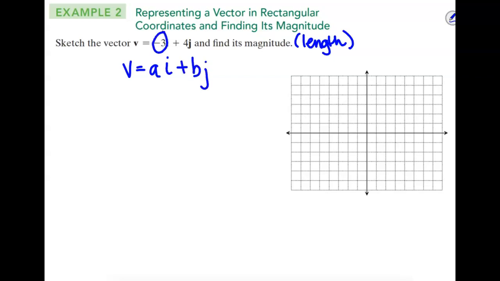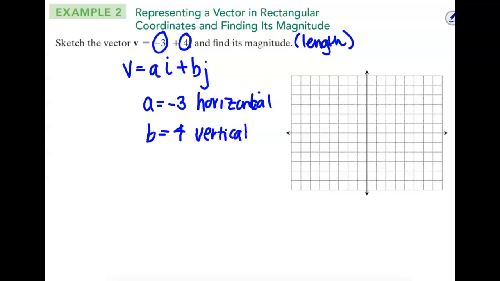This is our a value, so a equals negative 3. That's going to be our horizontal distance. And then our b is going to be our vertical distance.